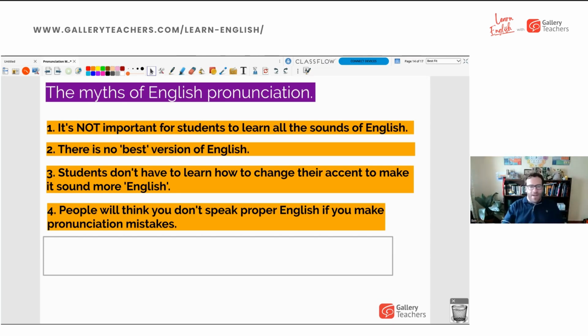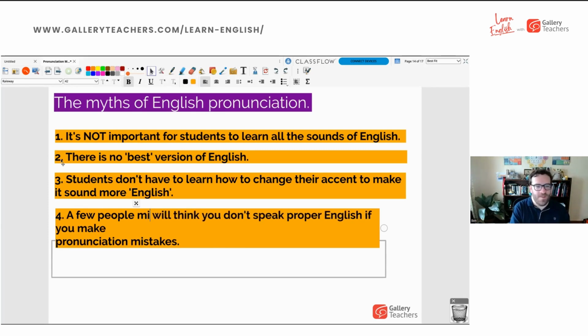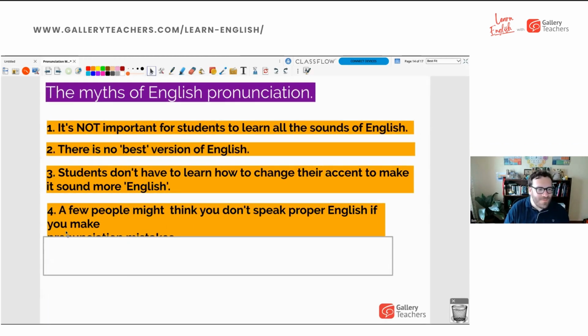Where I'm going, that's what I think. I think a few people might think you don't speak proper English if you make pronunciation mistakes, but it doesn't matter.